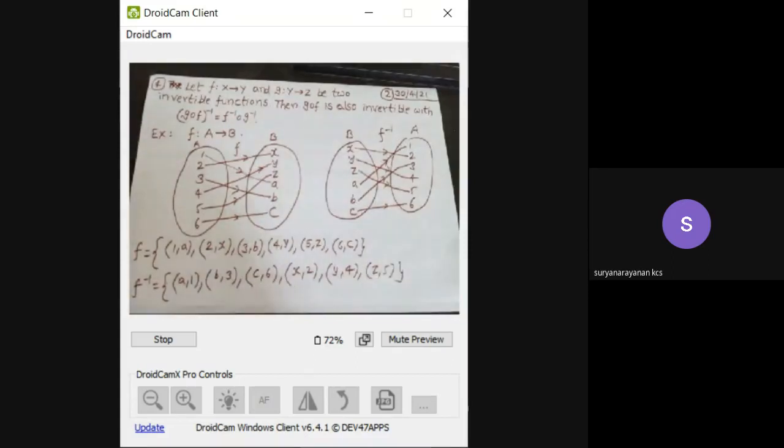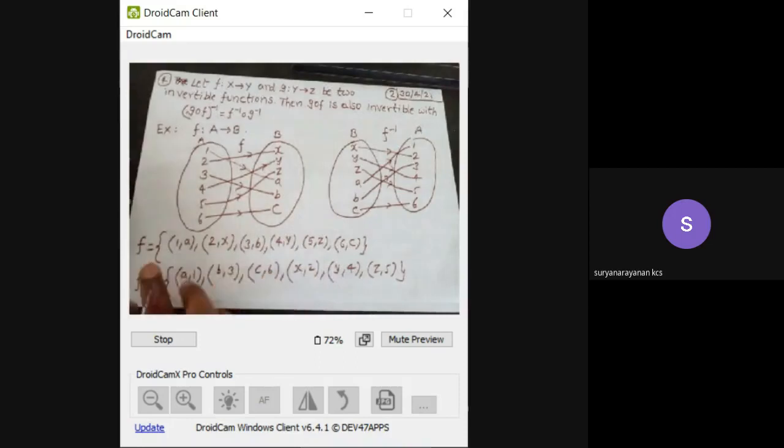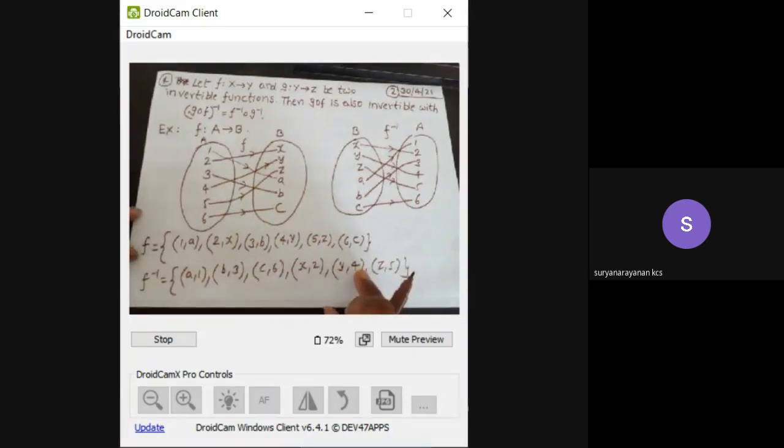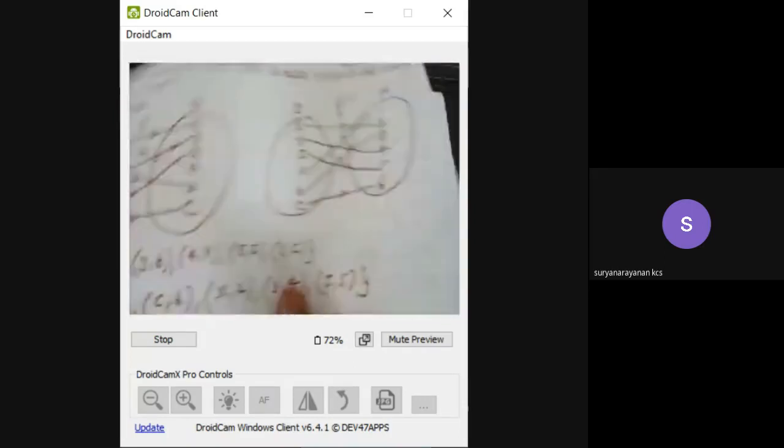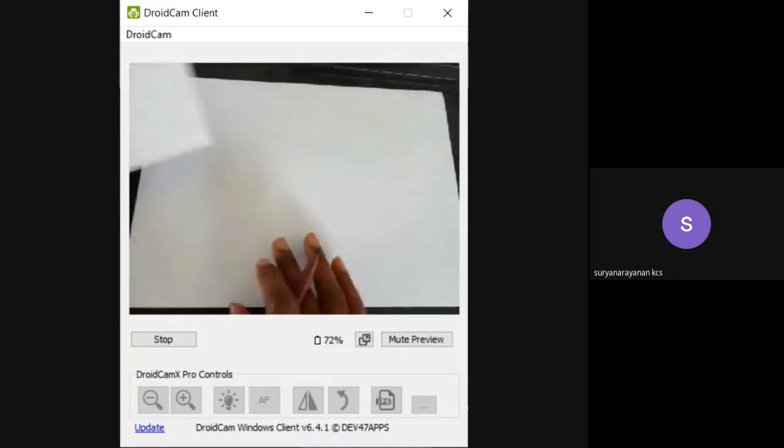There is another method to find F inverse. This is one method. If a function is given as a set of ordered pairs, then we can easily find its inverse. And sometimes they will define it as a function.